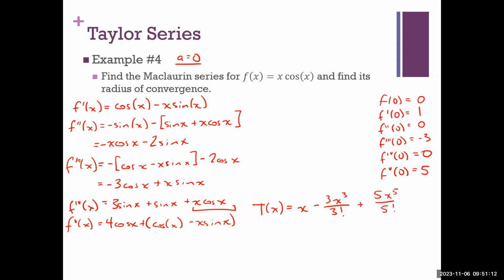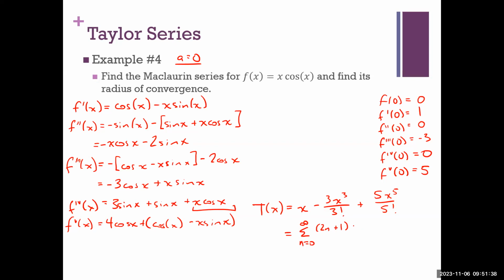If we generalize, then what happens? What's happening to the powers of n? Increasing by 2. So is 2n plus 1 fair?